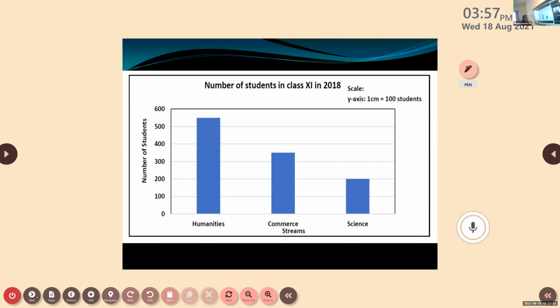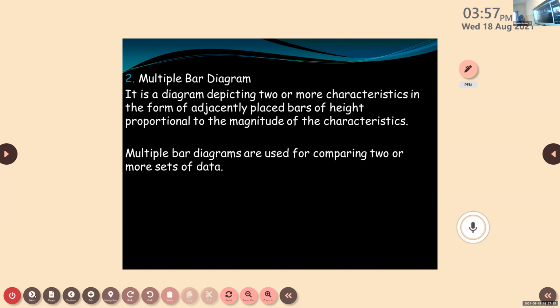Now, next one is about multiple bar diagram. Now here, how are we representing the values through the multiple bar diagram? That is what it is given. We are depicting two or more characteristics, like we are placing the bars together.